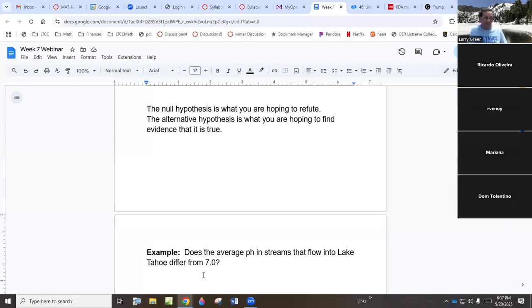If you know Tahoe, actually, this year I went to Meeks Bay. It was beautiful there. And one of the things we did is we looked at the pH of the water that flows into Lake Tahoe, kind of through Meeks Bay, on the creek that goes through.